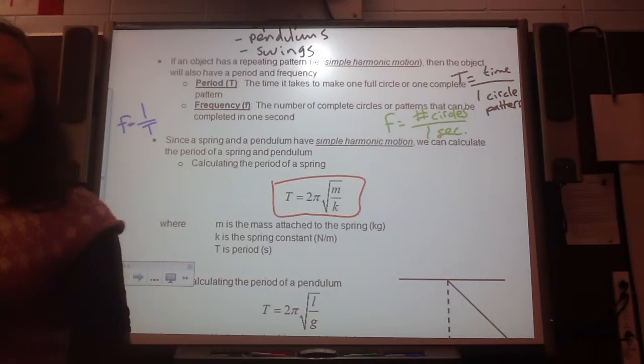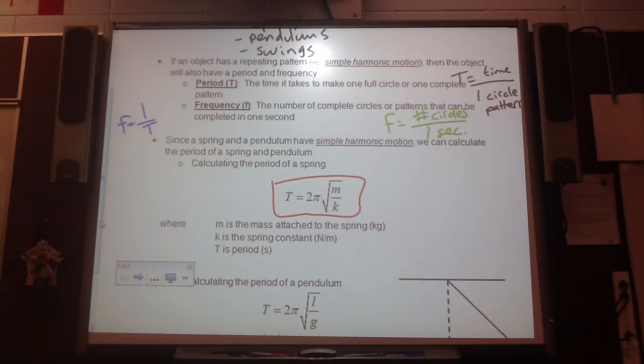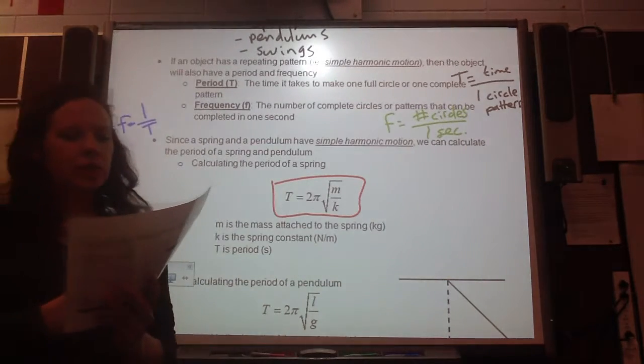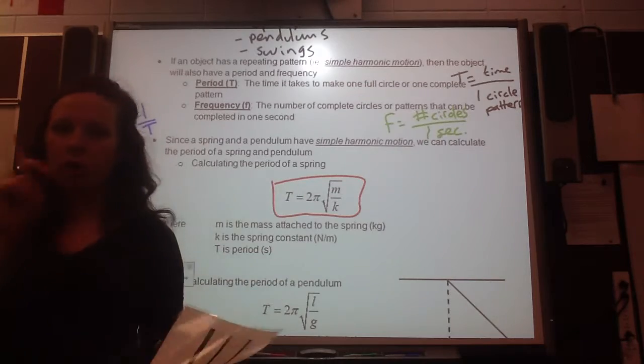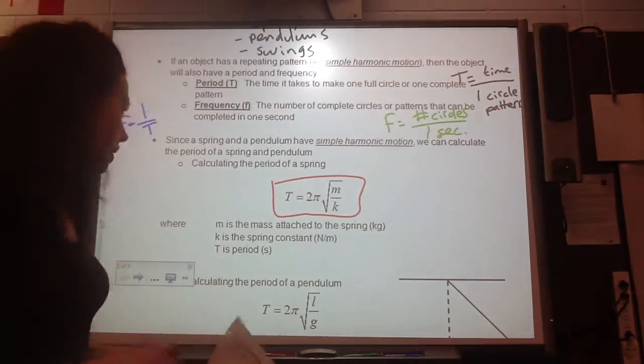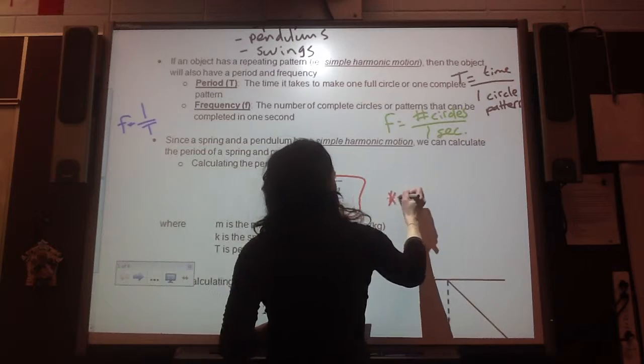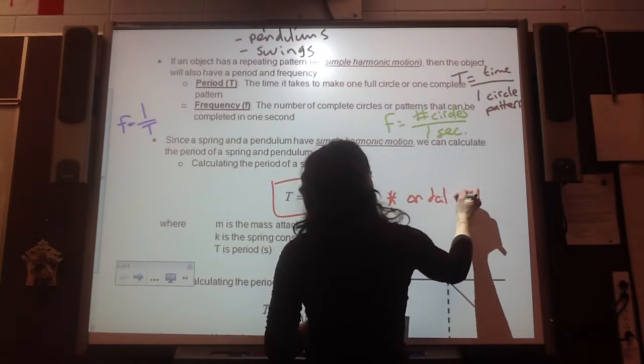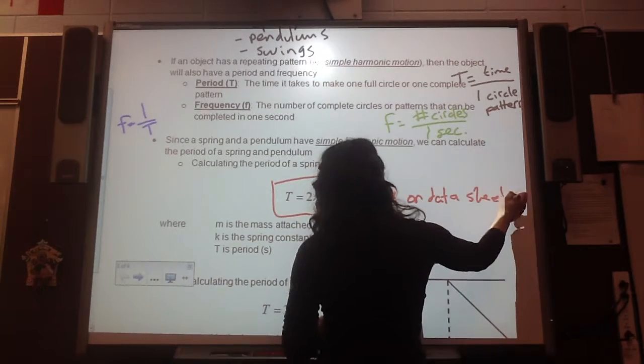We're now under waves. Okay, so under the waves section, that's where we see our formula. So you don't need to memorize this. This is on your formula sheet. So that's nice.